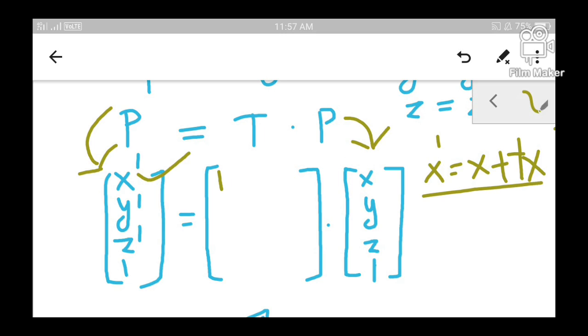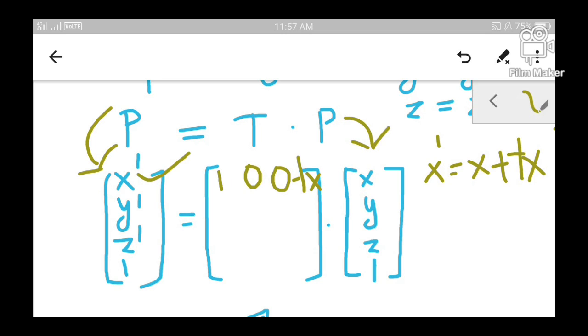Since in this equation there are no y and z parameters, they are zeros. Now the last value is tx, that means x should be added to tx. So the first row is 1 0 0 tx.